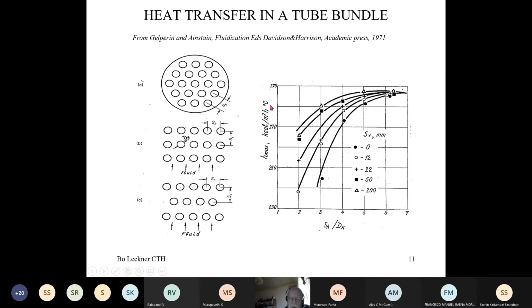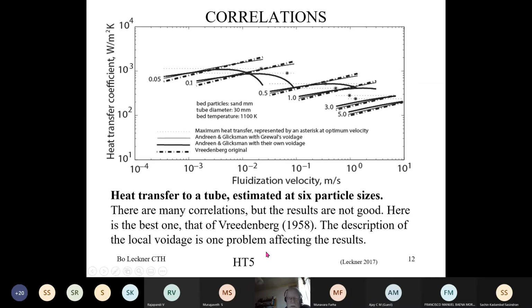The numbers are not interesting because it is in kilocalories, but I just want to show the influence of the distance between the tubes in the horizontal direction and between the various curves in the vertical direction. So most investigations are made on single tubes, but then you have to translate this information by correlations to take care of the packing of tubes in a heat exchanger. That's what I wanted to say here.